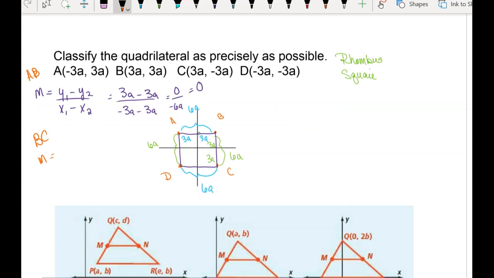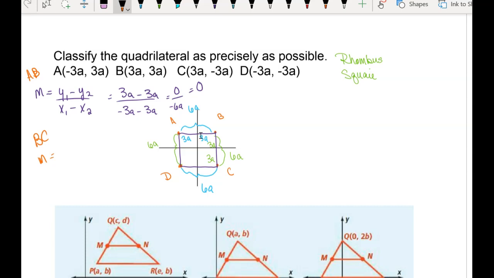Okay, so in order to know that this is a square, this angle, all the angles actually, need to be 90 degrees or perpendicular angles. How can we tell by the slope if an angle is a perpendicular angle?